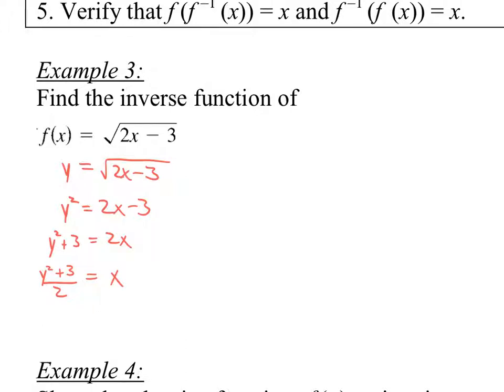That means f inverse of x is, notice here I'm swapping the x and the y, so it's going to be x squared plus 3 over 2. So that's my inverse function.